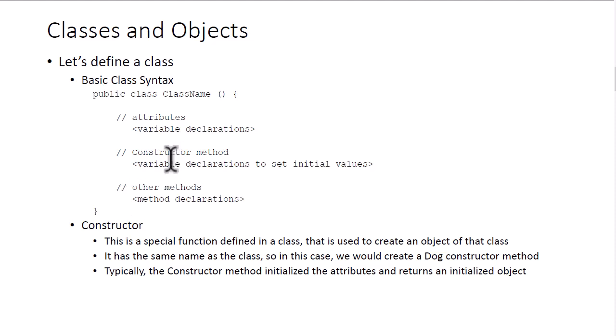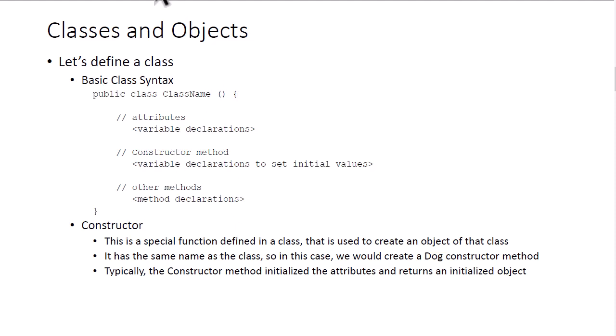Now, the constructor method. The constructor method is a special method, and it is the method that we're going to call when we use that new, remember that new construct we used for scanners, and integer and arrays. New is what is going to tell the compiler that we're going to create a new object from the dog class, and we're going to assign it specific values to initialize these attributes.